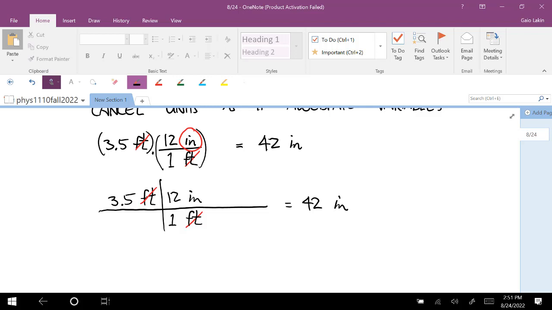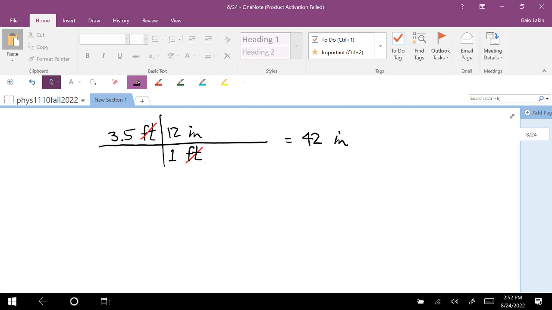Okay, but there's one issue here, and that's that there were 2 conversion factors, right? For any 2 units, you could write that conversion factor 2 different ways. And what would happen if you wrote it the other way? It's kind of chaos. So what if you use the other conversion factor?